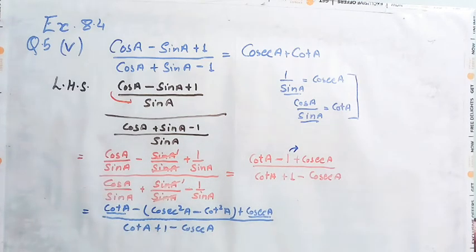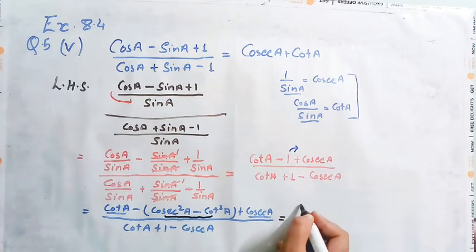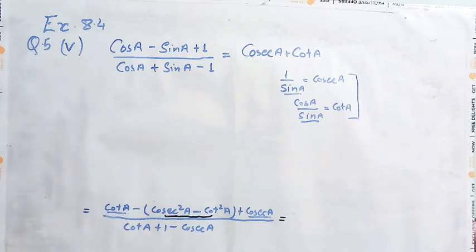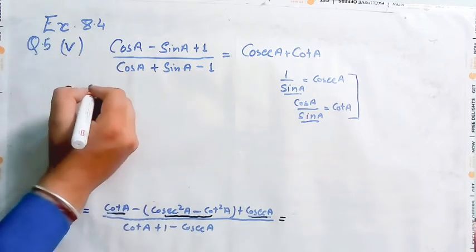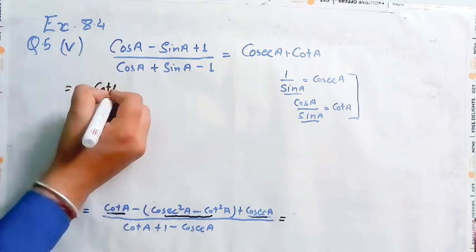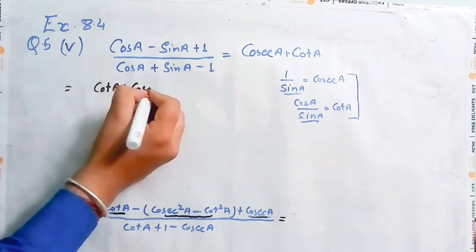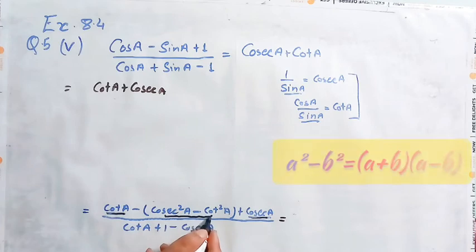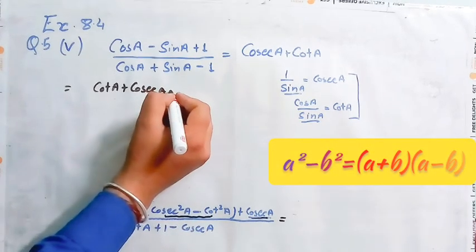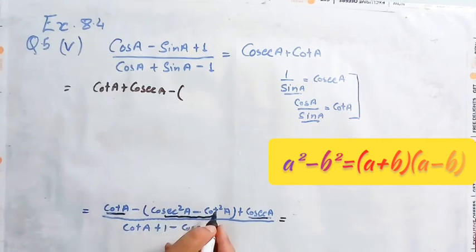Now let us bring cot A plus cosecant A together, and let us use a square minus b square in the center. So the numerator part will be cot A plus cosecant A, both positive, minus a square minus b square, we know that it is (a plus b) whole into (a minus b).